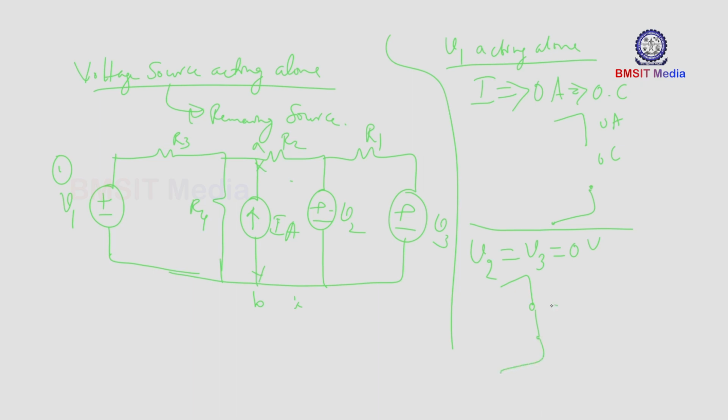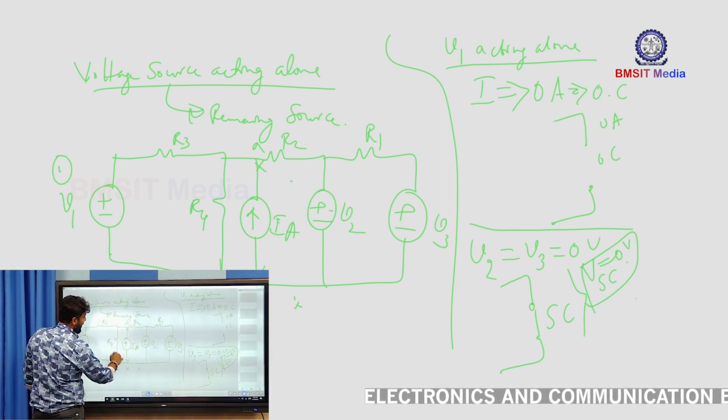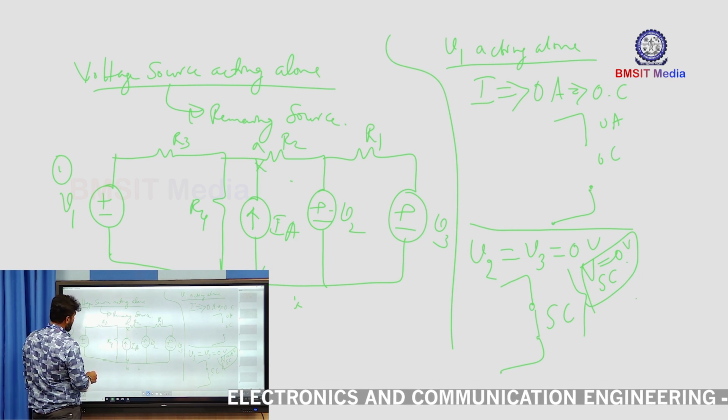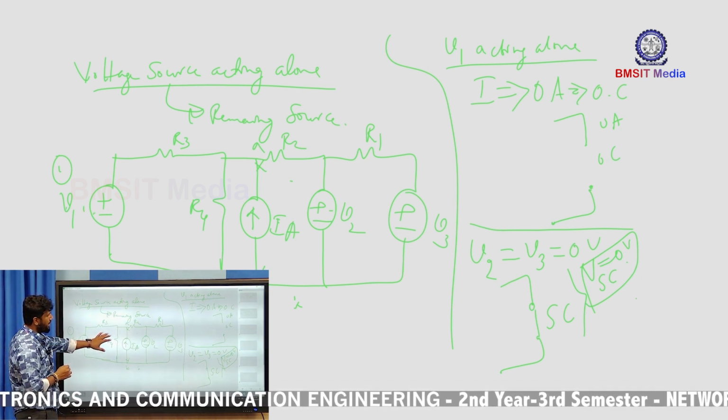Why short circuit? The reason is because the voltage across a short circuit is 0 volts. So that's what the net response in any branch of an electrical network is: a sum of the individual responses by considering one source acting at a time.